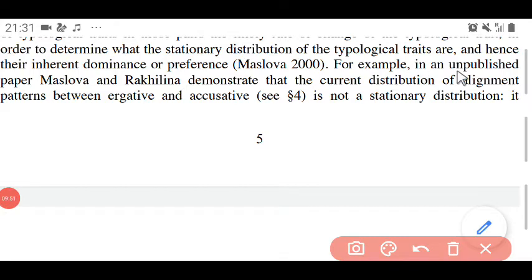For example, in an unpublished paper, Malsova and Rakilina demonstrate that the current distribution of alignment patterns between ergative and accusative is not a stationary distribution.